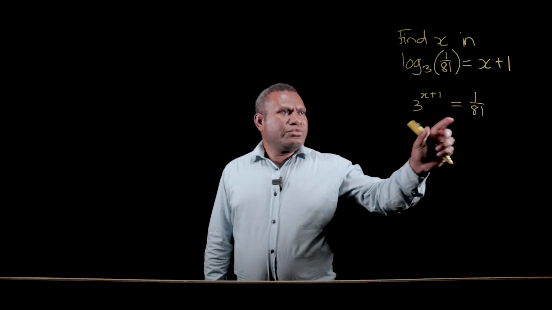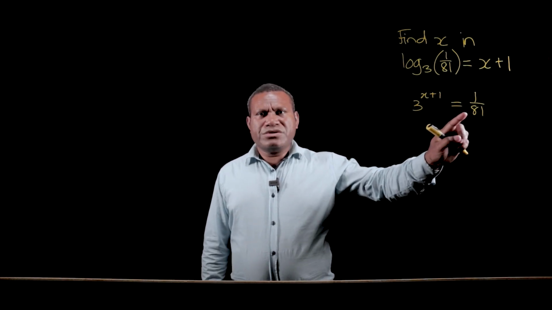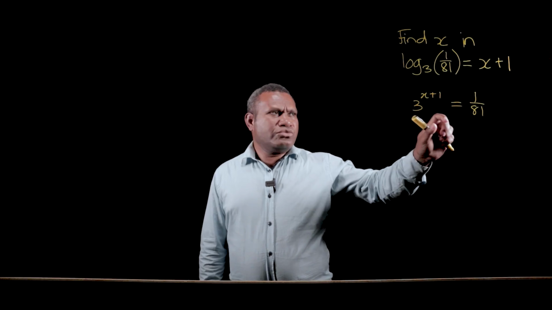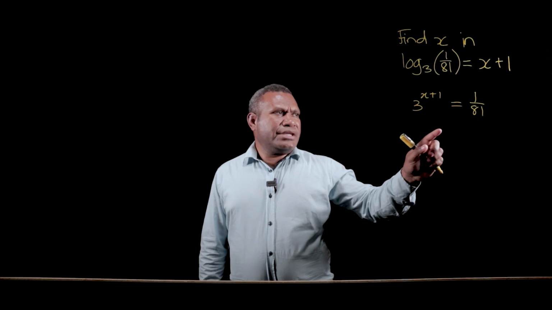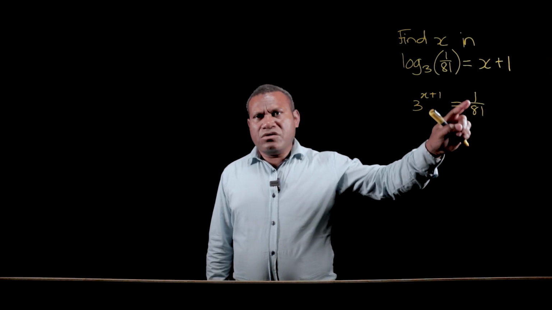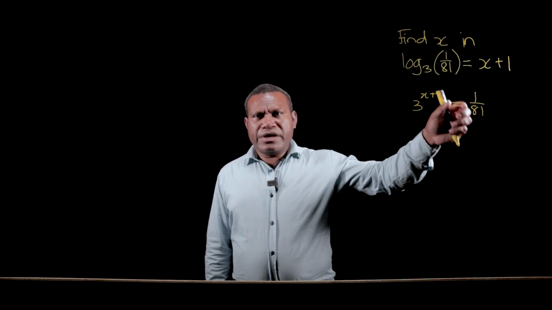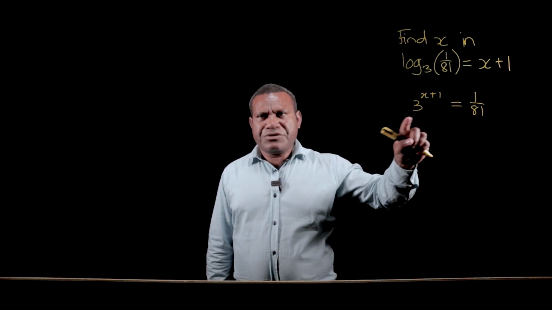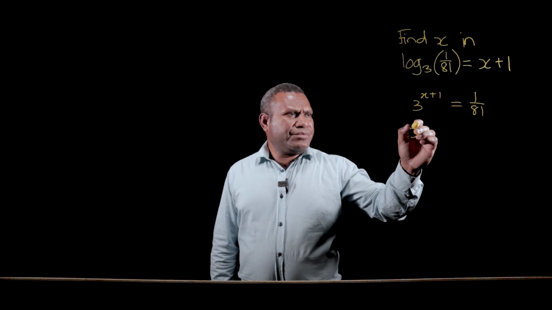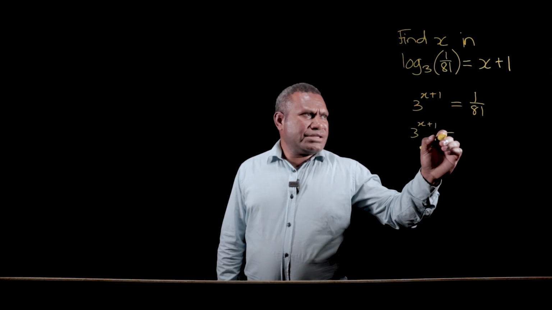Once we do that, we can see that 81 is a multiple of 3. There are two ways, but I'll show you one of the methods, and that is to re-express 81 into exponential form where the base must be 3. So 3 raised to the power of x plus 1 is equal to 81.